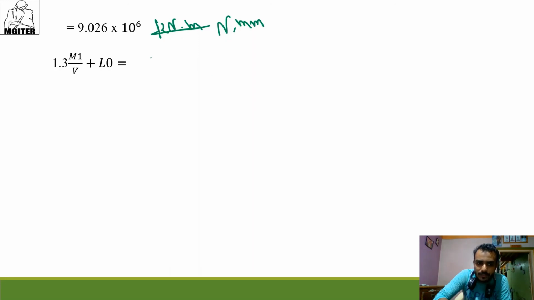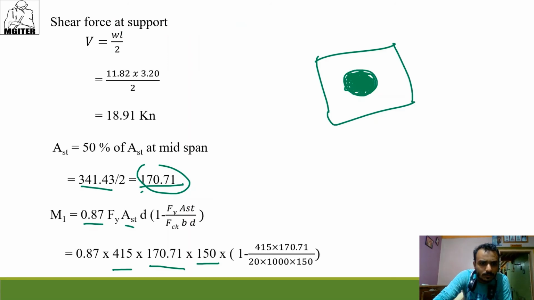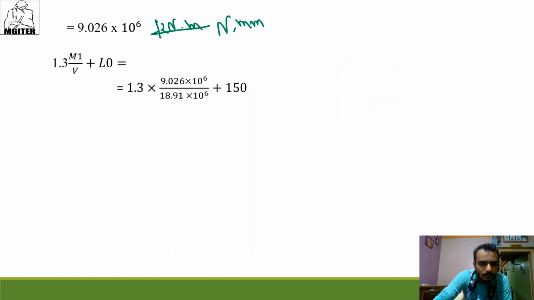Put all the values here: 1.3 into 9026 into 10 raised to 6 divided by 18.91 into 10 raised to 6, 80.91 into 10 raised to 3, plus 150. So 70.50 mm.